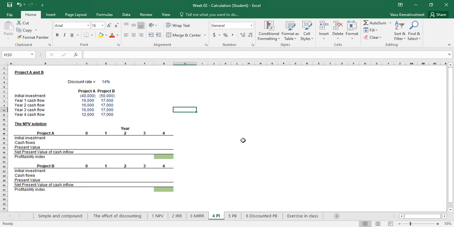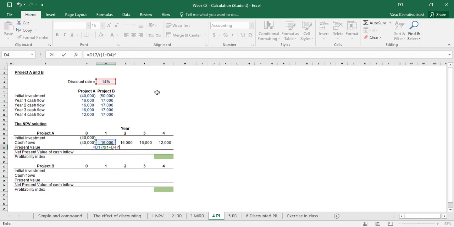If you can calculate net present value correctly, the profitability index is actually a very similar thing. The cash flows are equal to 40,000, 40,000, 16,000, 16,000, 16,000, and 12,000. We need to calculate the present value of these numbers: this one divided by 1 plus discount rate, discounted by this discounting period.